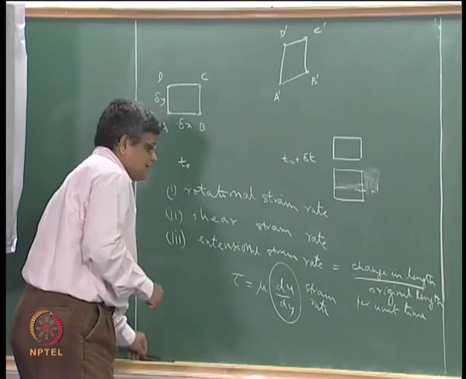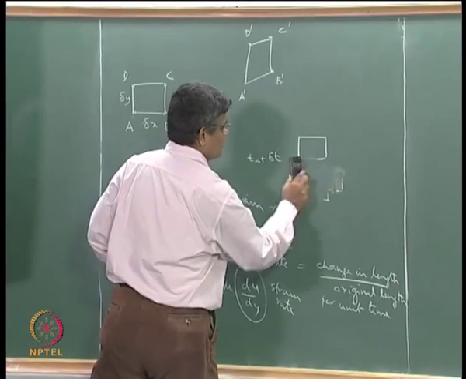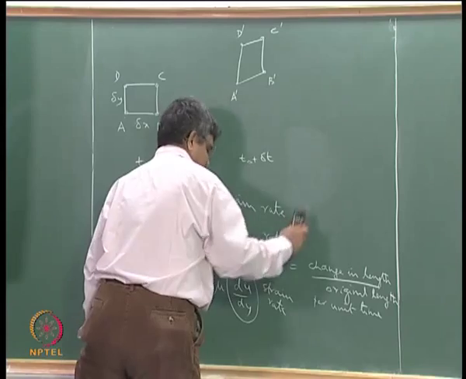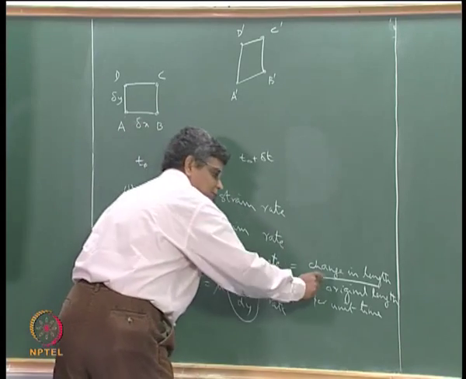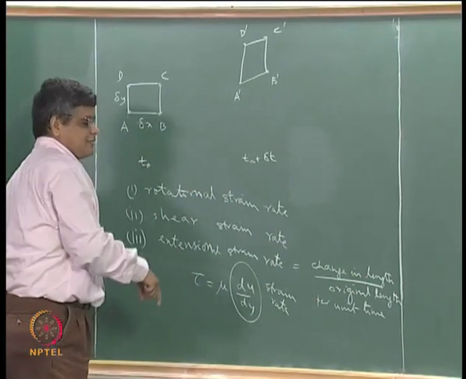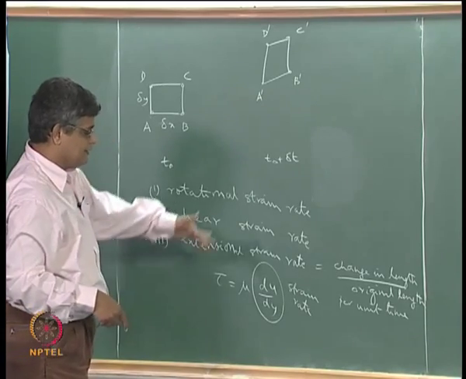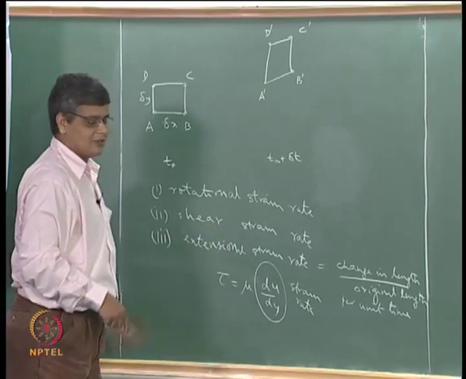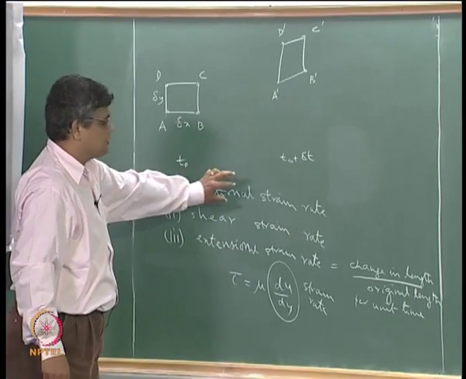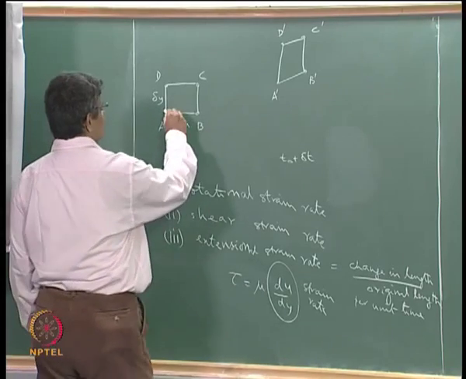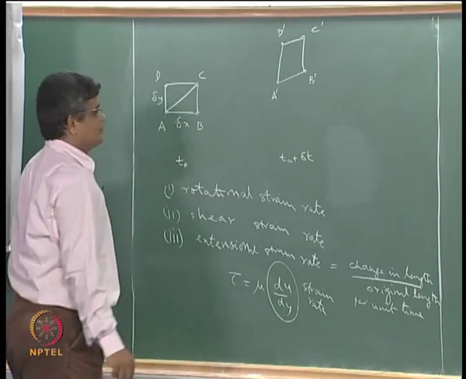So extensional strain can happen in x direction or y direction, and the corresponding change in length in that direction divided by the original length in that direction per unit time will give us the extensional strain rate.